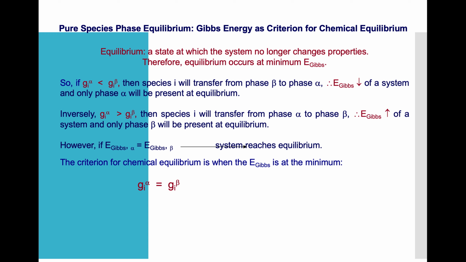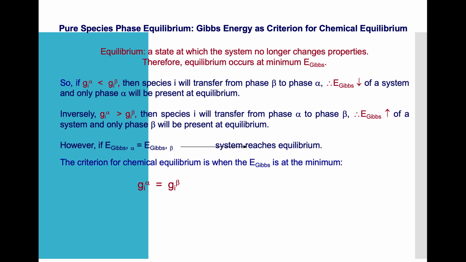Equilibrium is a state at which the system no longer changes properties. Therefore, equilibrium occurs at minimum Gibbs energy. So, if G alpha is lower than G beta, the species will transfer from phase beta to phase alpha, which means that the Gibbs energy of the system decreases, and only phase alpha will be present at the equilibrium.